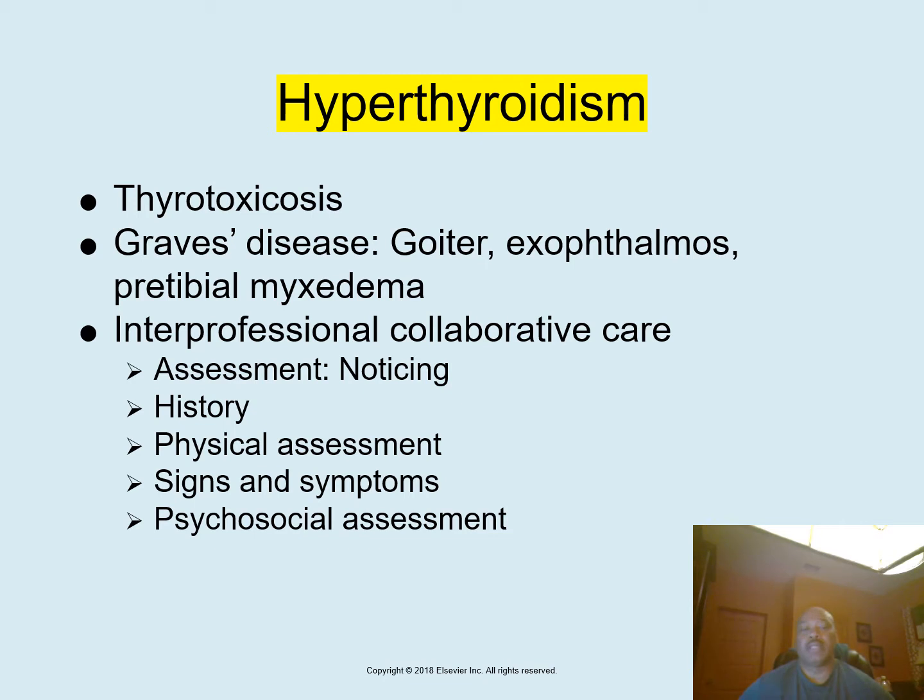Now, hyperthyroidism basically means there is an increased thyroid hormone secretion from the thyroid gland. Once patients have signs and symptoms from hyperthyroidism, it is referred to as thyroid toxicosis. This condition can be either temporary or permanent.